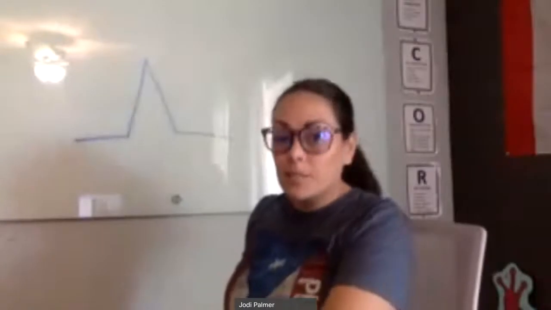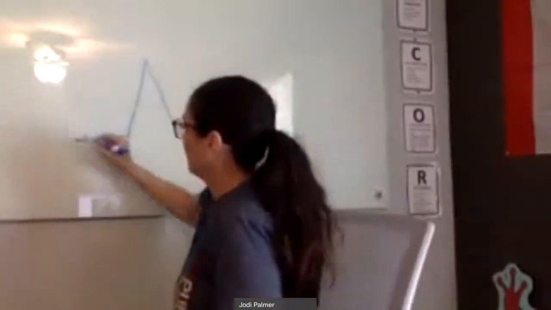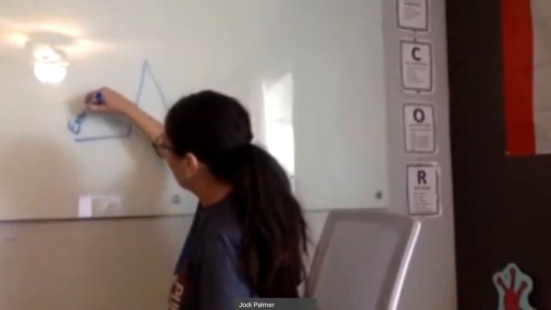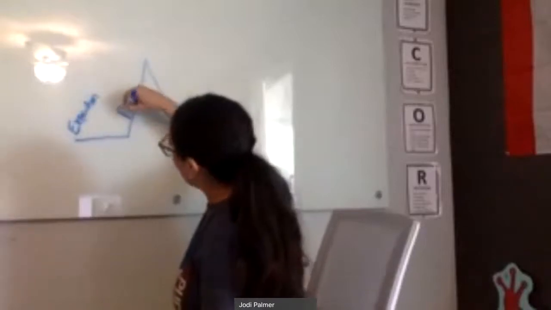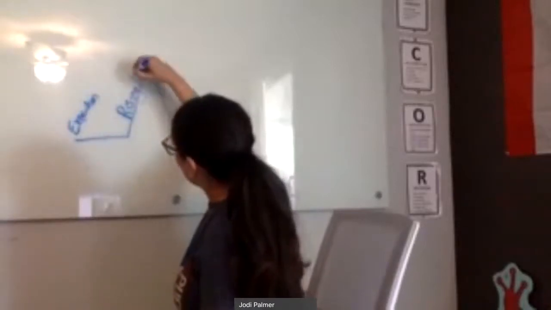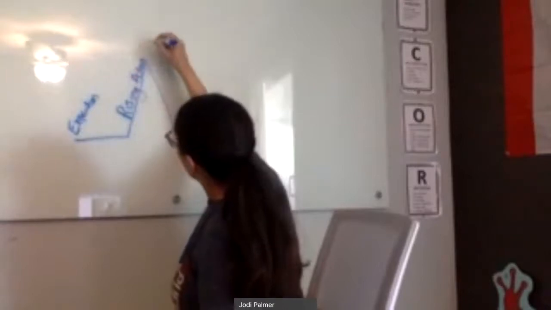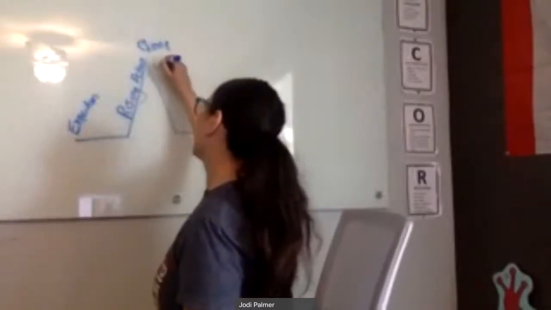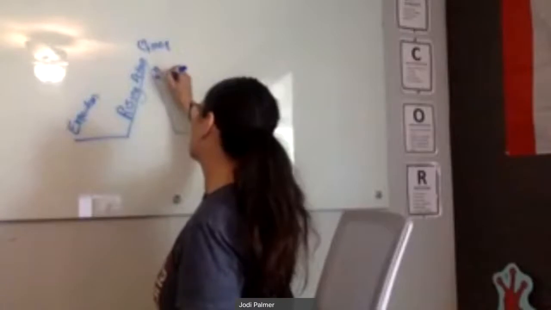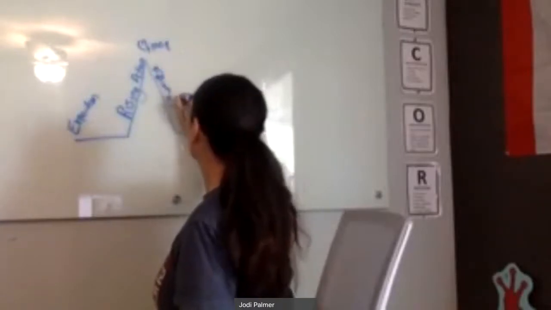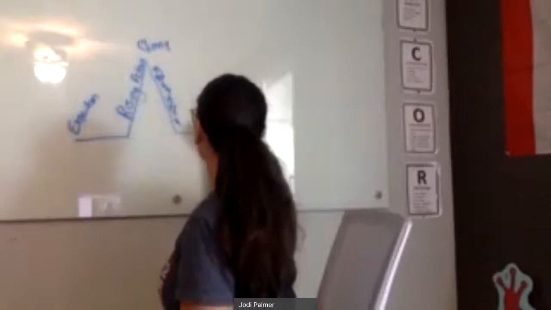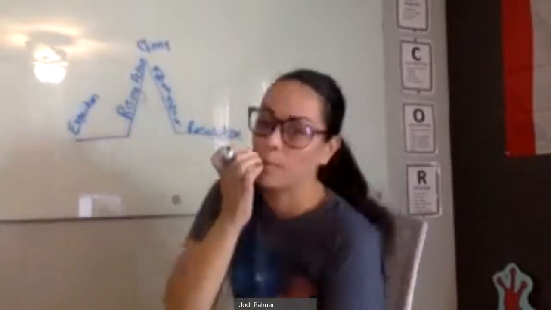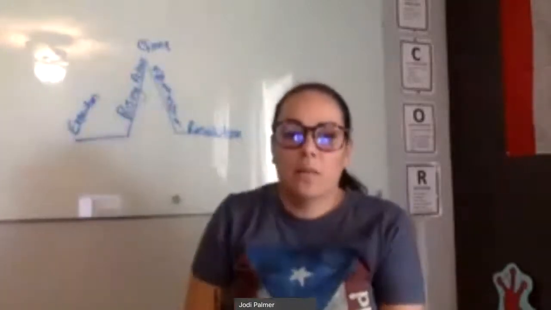But in the more complex part of our plot diagram, we have what we call the exposition, rising action, climax, falling action, and our resolution. Don't mind my handwriting, it's a little sloppy on the board. But these are the pieces that we have in a plot diagram.